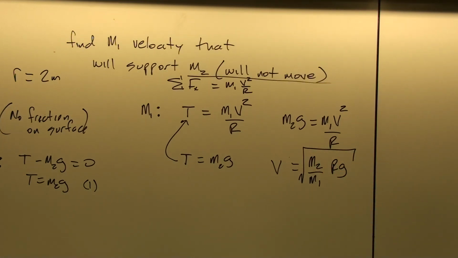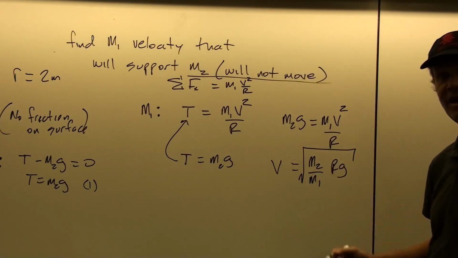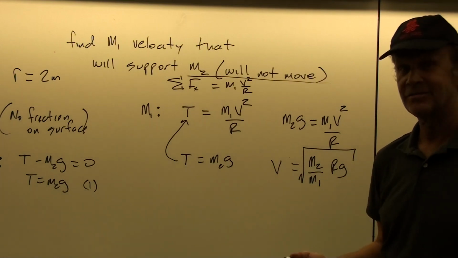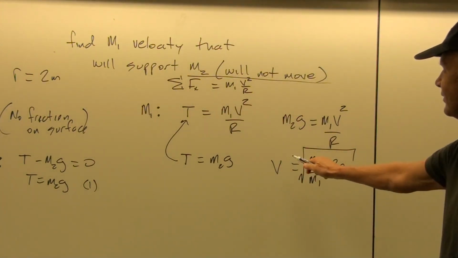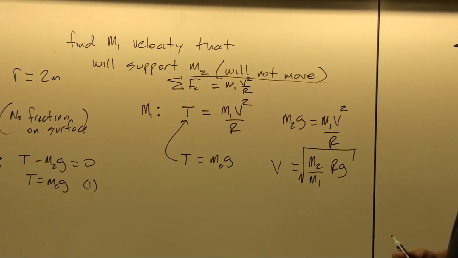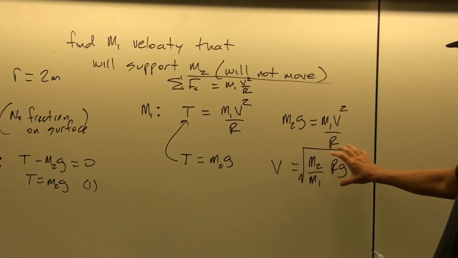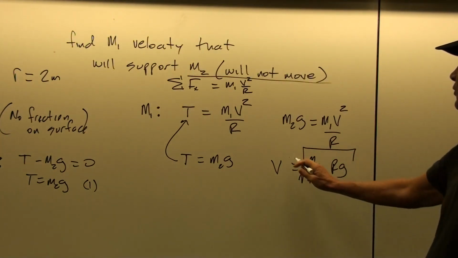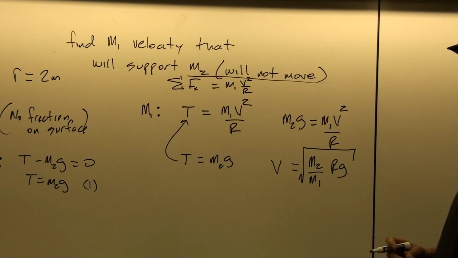In this case, it's the ratio of the masses. In the last example, remember, it was the coefficient of static friction. So we're seeing a similarity in the basic form that these equations take on when we are figuring out the velocity that is associated with a certain radius of our uniform circular motion path.